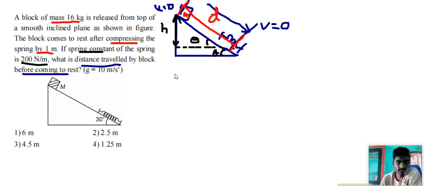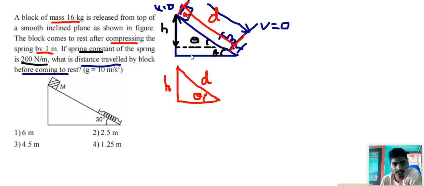From this small triangle we have theta, h, and d. Only the small triangle is taken here, not the full triangle. This is the height h.